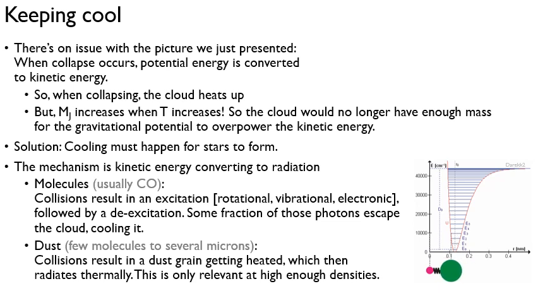So this dust is also present, and these things can collide, and when they collide, that kinetic energy will be converted into heating the dust particles, and those can then cool by radiating thermally, just like you and I are radiating thermally. So you think of like a black body spectrum for this dust grain. So those are kind of our two ways to cool, and this is absolutely essential to star formation. You need this cooling.